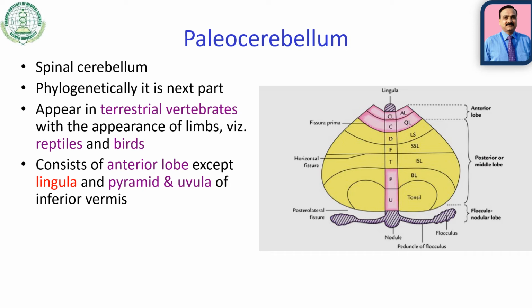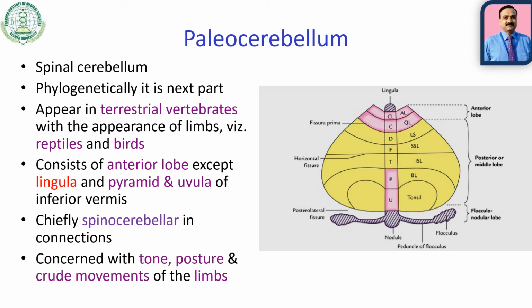So it consists of the anterior lobe except the lingula, and the pyramid and uvula, the only part of the inferior vermis. Together they form the paleocerebellum. This is chiefly spinocerebellar in connection, and they are concerned with tone, posture and crude movements of the limbs.